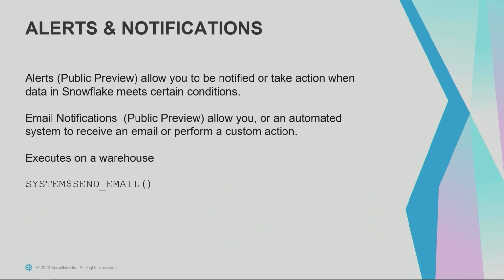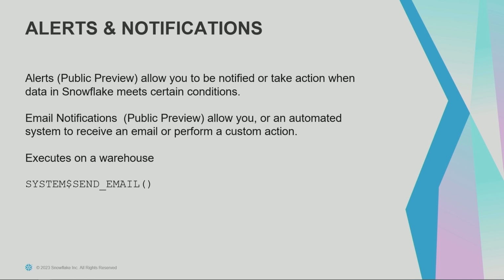The second piece that got built to help customers is alerts and notifications. This is also public preview right now, so you can go and work on this immediately. Alerts are a way to get notified when anything inside of your data set actually meets conditions that you defined. If you can write a SQL statement to find some error in the current system, you can create an alert on it.